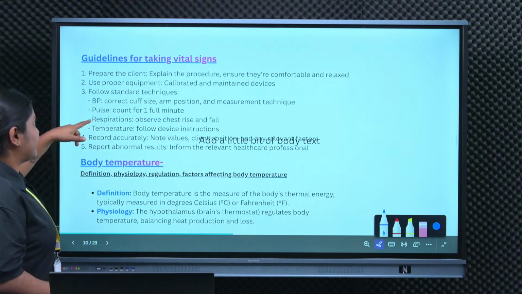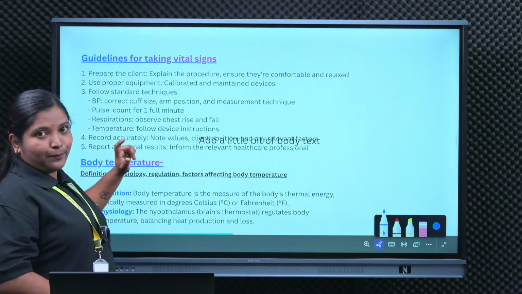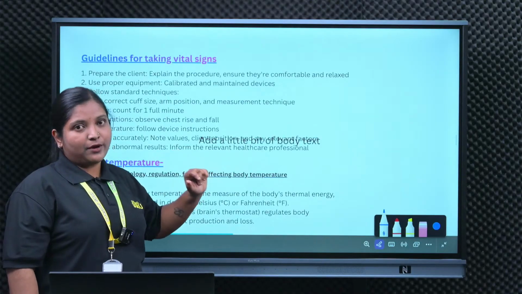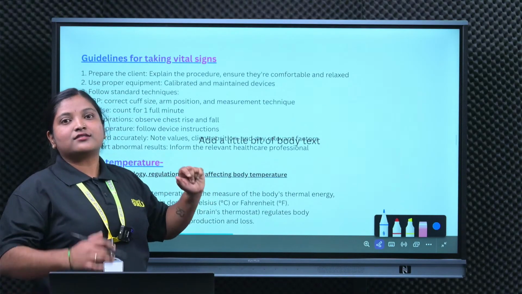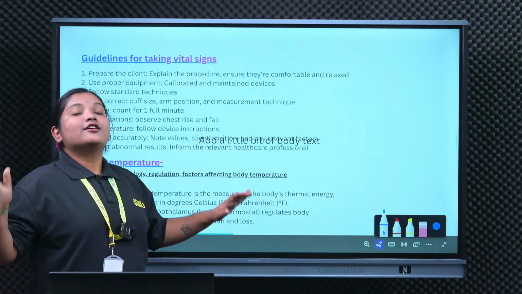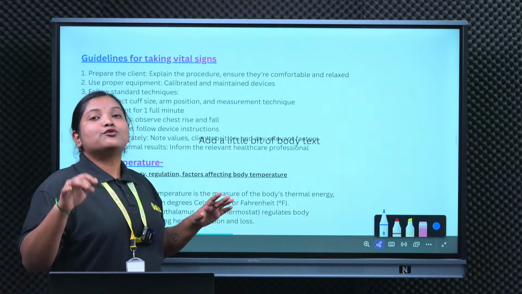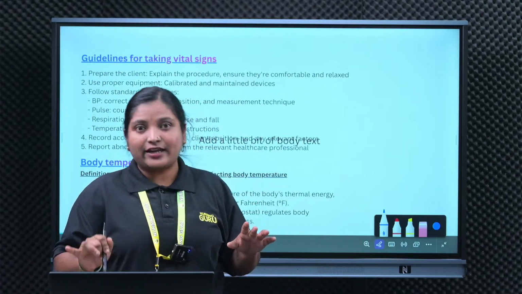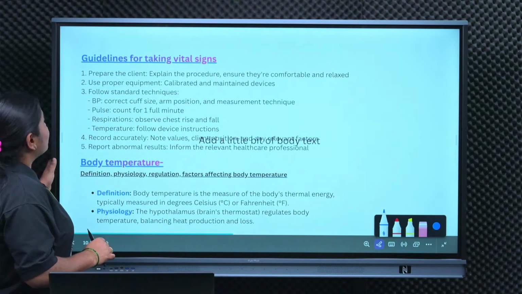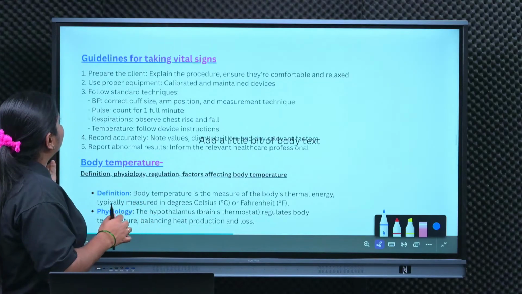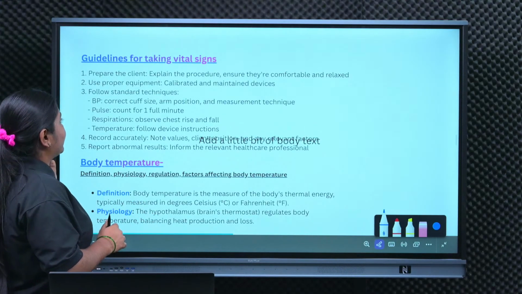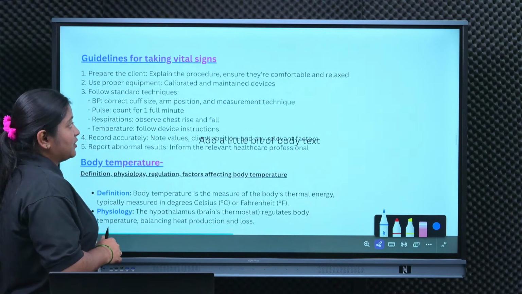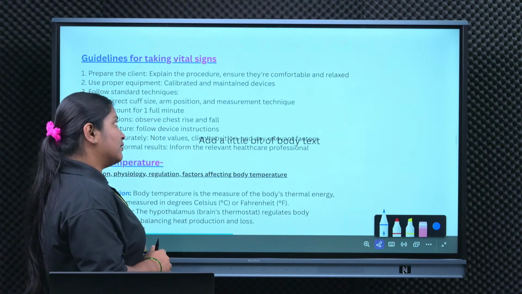You have to use proper equipment. If you are going to check temperature using a sphygmomanometer, this is never possible, so you have to use the proper equipment for the proper vital sign. Follow standard techniques, for example for BP: correct cuff size, arm position and measuring technique.